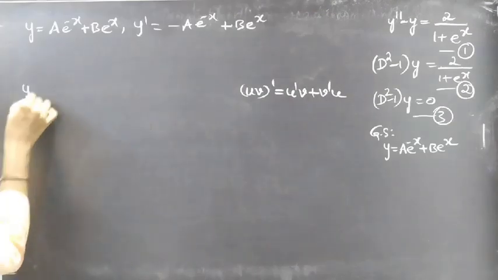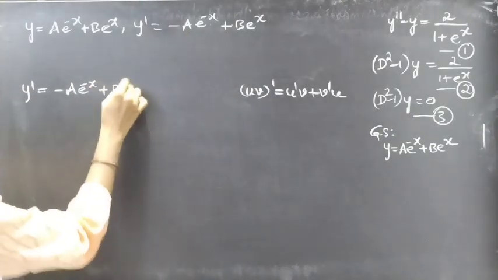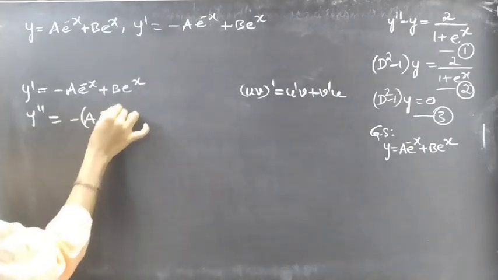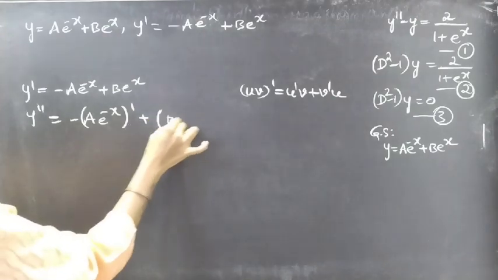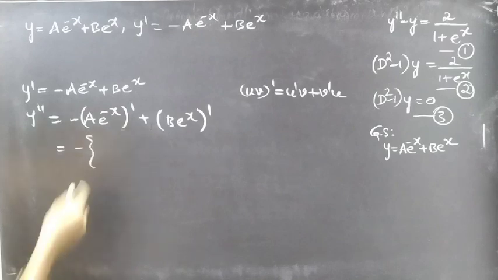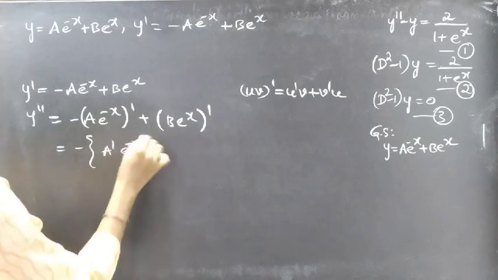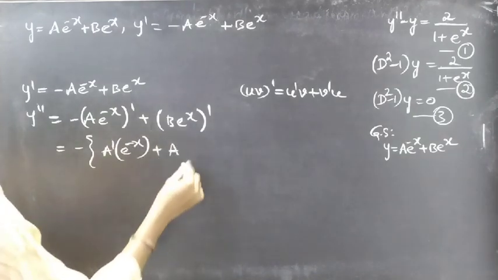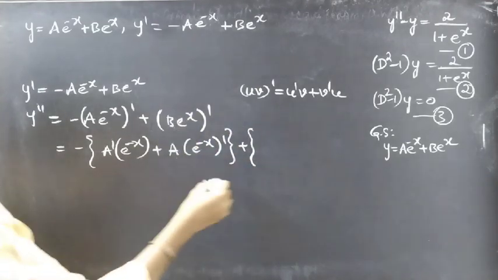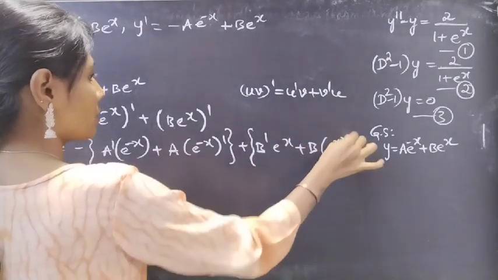We have y dash equals minus a e power minus x plus b e power x. Let's find y double dash, which equals minus a e power minus x whole dash plus b e power x whole dash. This equals minus of, here also we are going to apply the uv whole dash formula, so we'll get a dash e power minus x plus a into e power minus x whole dash, plus b dash e power x plus b into e power x whole dash.